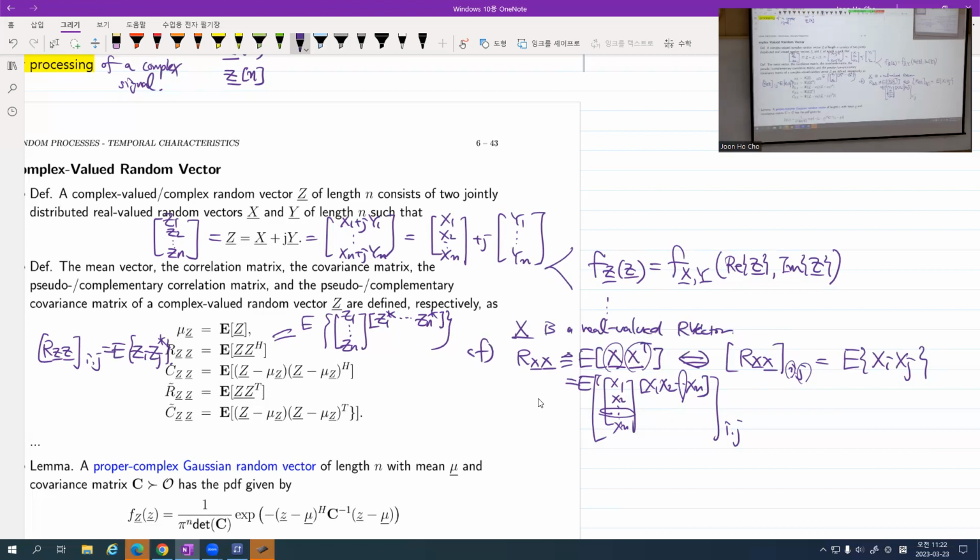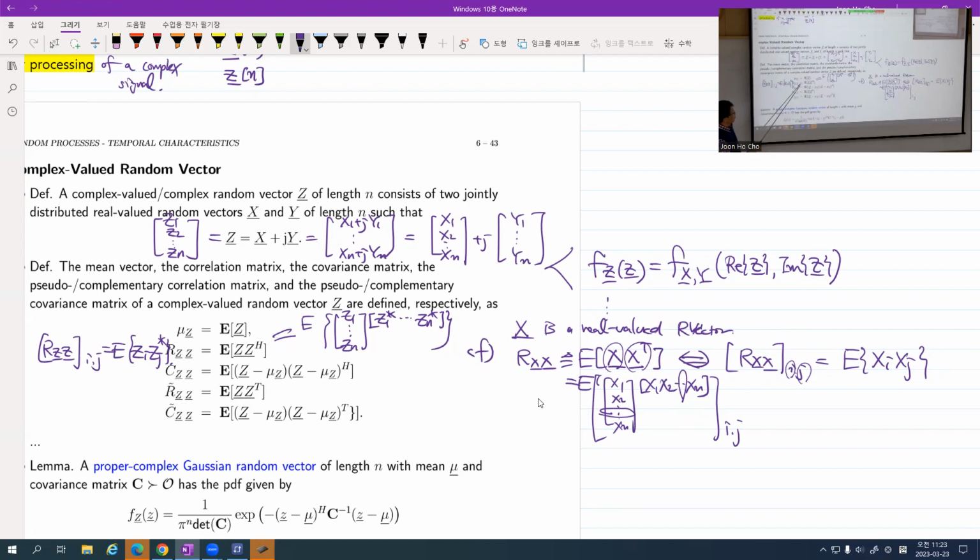And this is the correlation matrix. And now we can define the covariance matrix. The difference is that from Z, we subtract the mean vector, so we perform centering of this random variable so that we have zero mean, and then we take the Hermitian transposition.